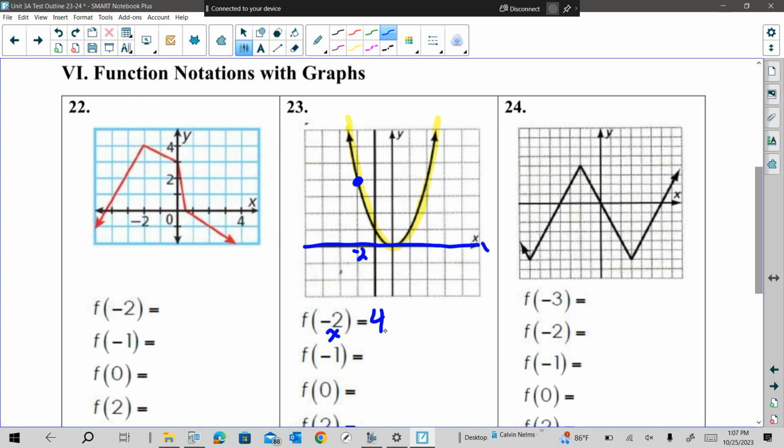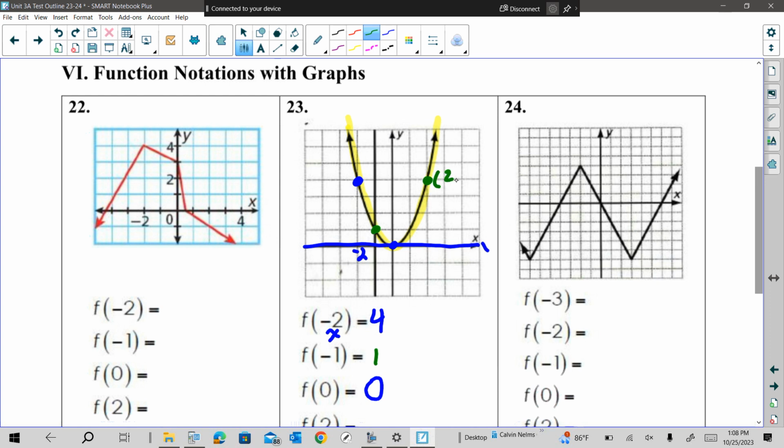So then 2 is going to be 4 also. For -1, that's just one to the left, go up. That output is 1. For 0, it stays on the origin, so 0. For 2, we're going to the right 2, go up.